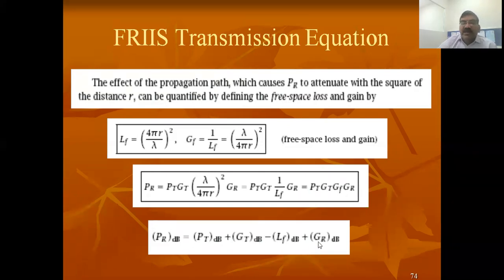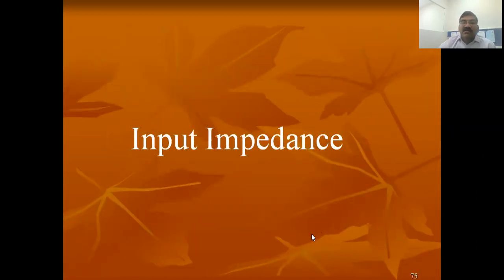This way you can calculate the power received when you transmit. So this is the basic Friis parameter. It gives you the understanding of how power will be received at the receiving end. Now the input impedance and the other parameters we will discuss next.